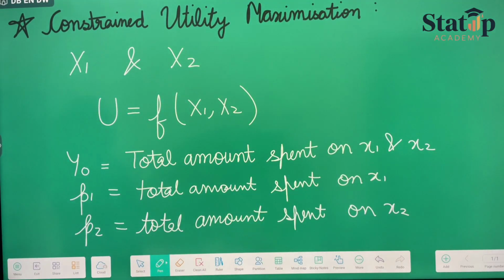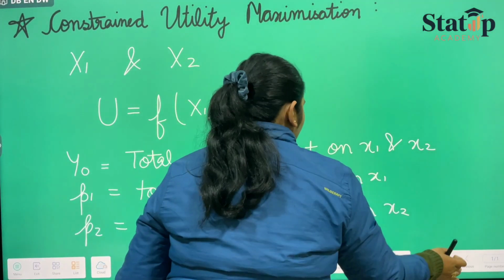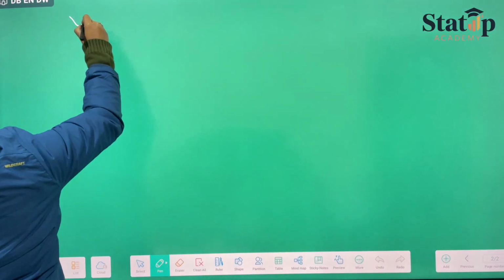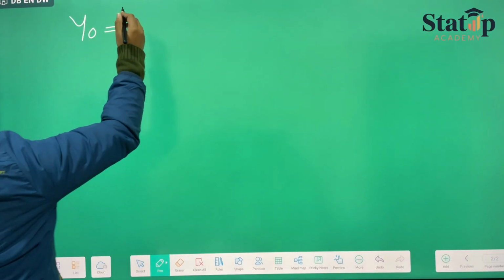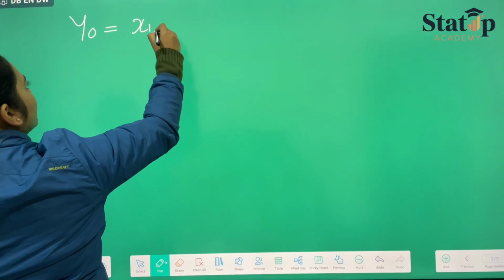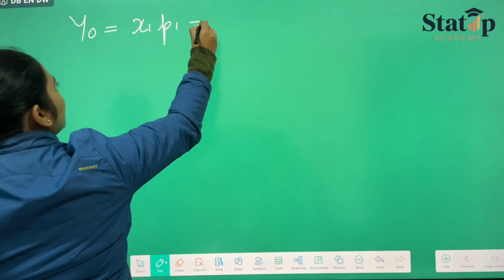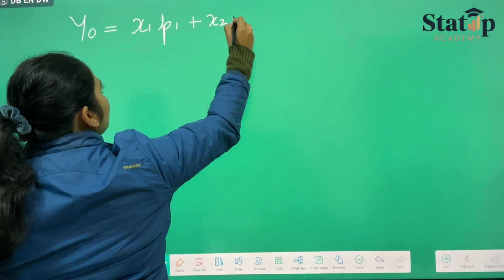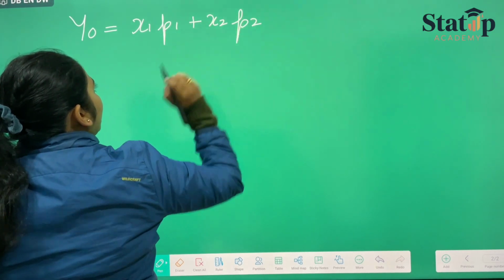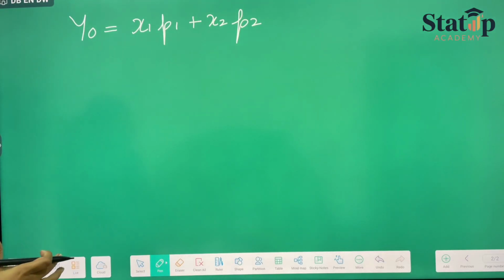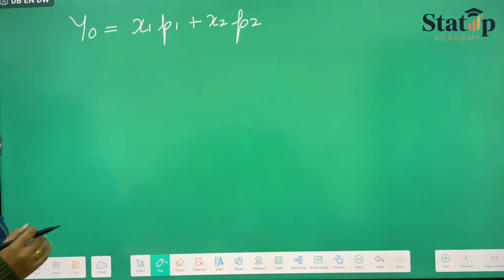Okay, so now we can frame the budget equation as y naught equals the quantity of x1 into the price of x1 plus the quantity of x2 into the price of x2.